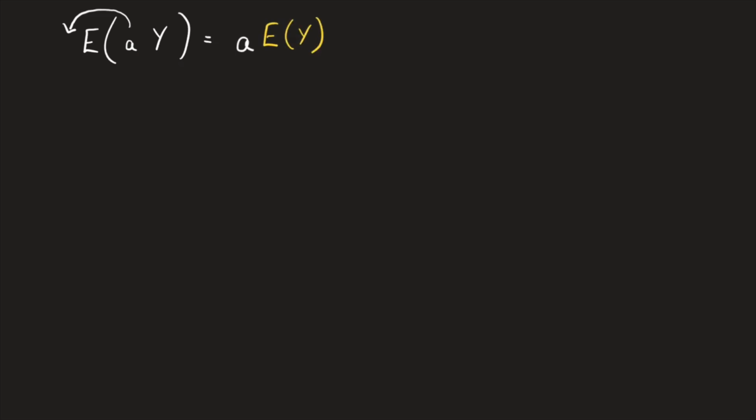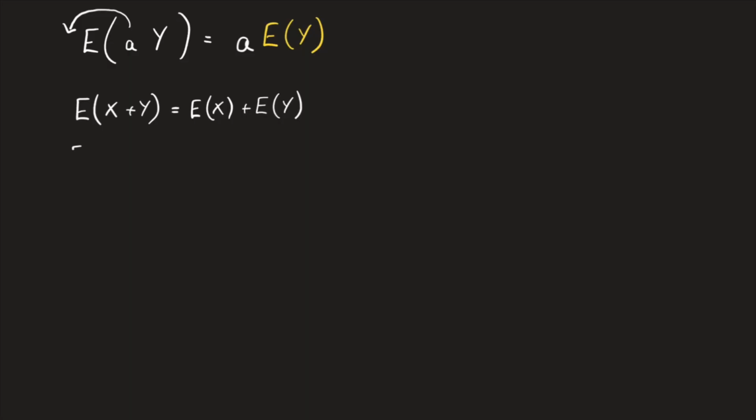Now, this is just one rule relating to a linear combination of random variables. And more generally, if you have the expectation of a sum of random variables, then the expectation of this sum is just the same as the sum of the expectations.